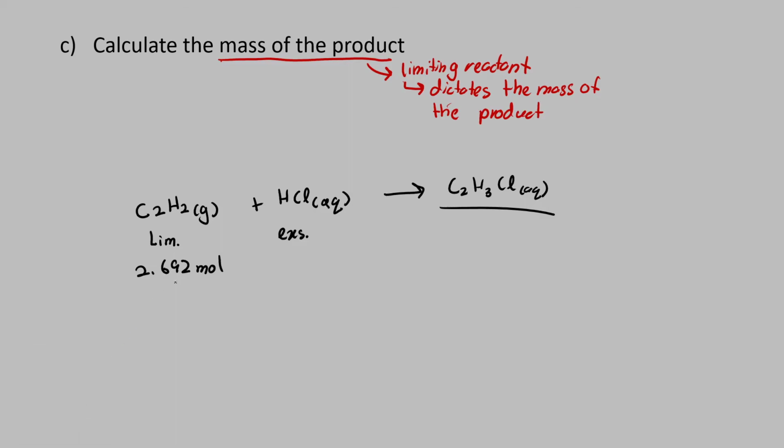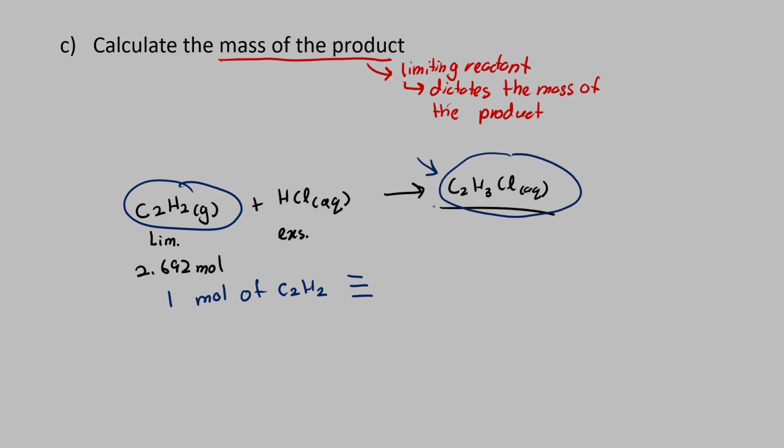Okay, so let's do the stoichiometric comparison. 1 mole of C2H2, which is this species, will produce how many mole? Looking at the front, there is nothing, so it is also 1 mole of C2H3Cl.